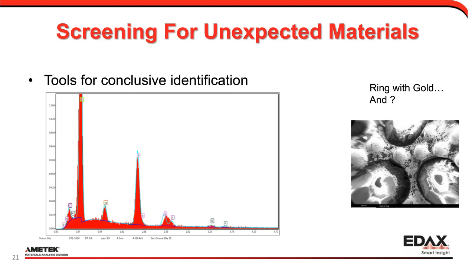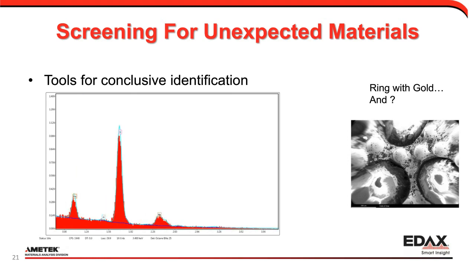And now I'm going to zoom in a little bit more, and we show the label with lead. So if we identify that peak as lead, sure enough, that light blue line fits perfectly with the acquired peak, and we confirm that that is, in fact, lead in the ring. Definitely unexpected or unintended, undesired material.